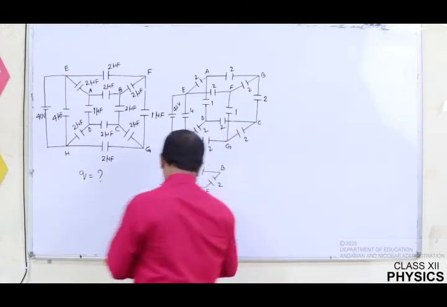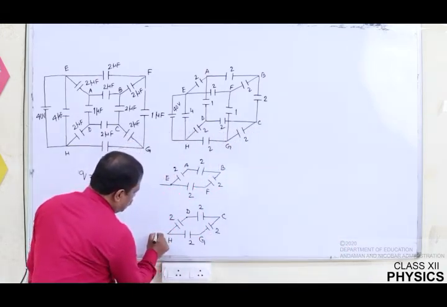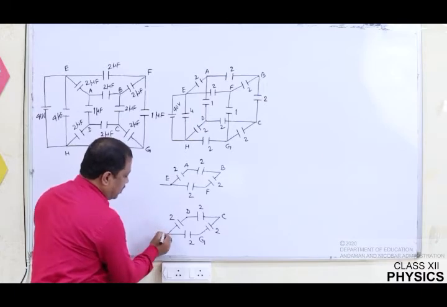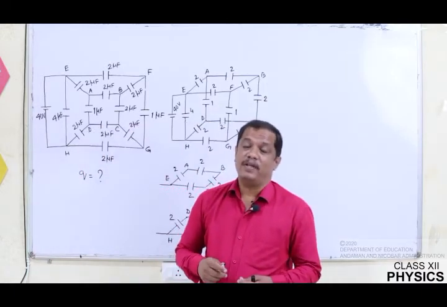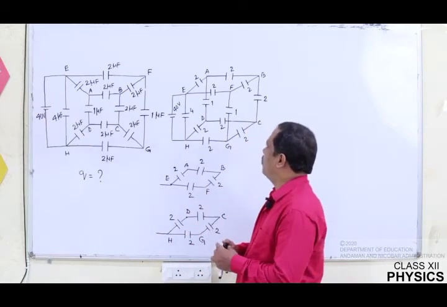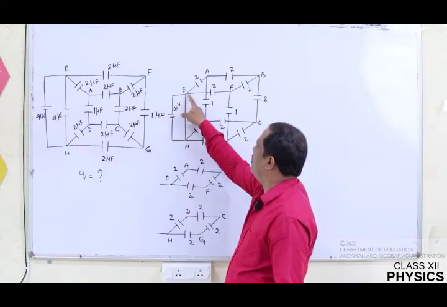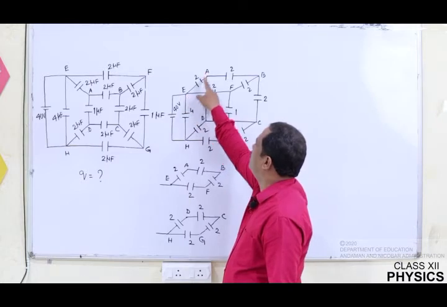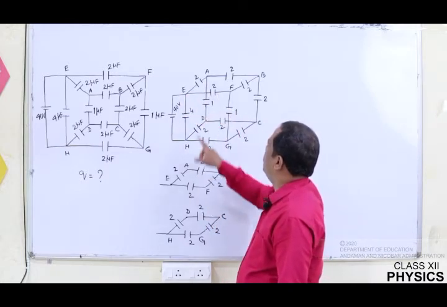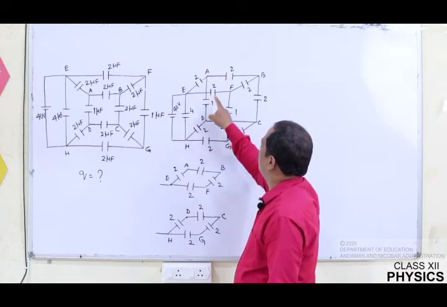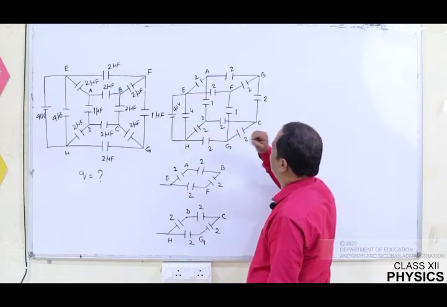Why I drew this? In the last question we saw that if there is any symmetry, then the problem becomes very simple for us. So please see, when the charge flows here, this charge divides here, and this is 2 microfarad, this is 2 microfarad. So I want to see whether there is any symmetry or not.